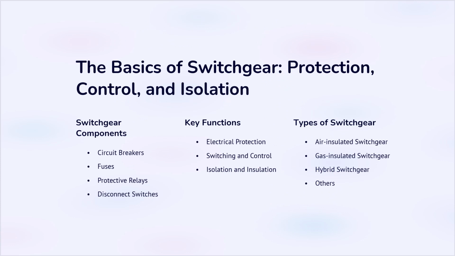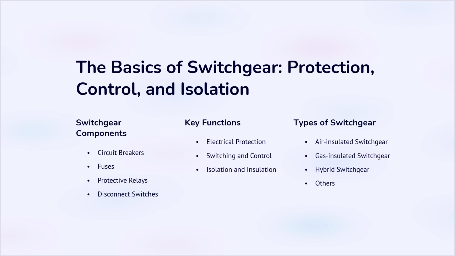The basics of switchgear: protection, control, and isolation. We will just go through this slide briefly, and we will discuss switchgear in detail in other videos. So we will talk about switchgear components. There are four components: circuit breakers, fuses, protective relays, and disconnectors.